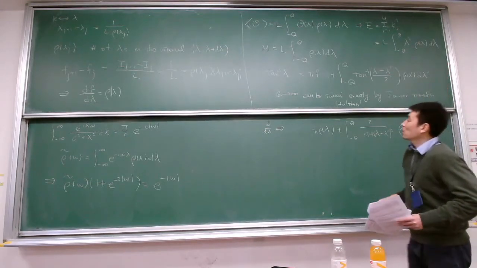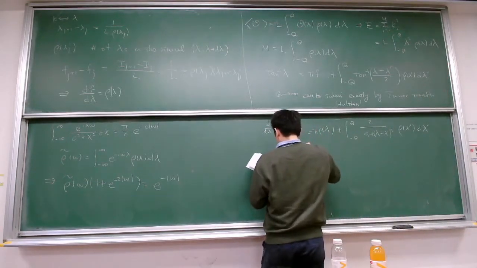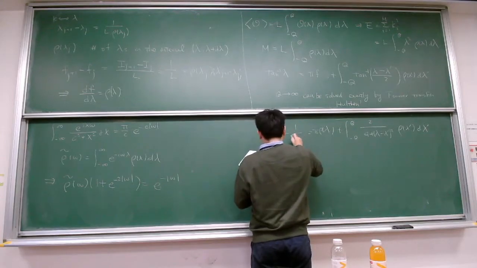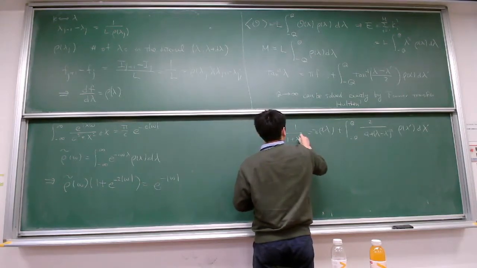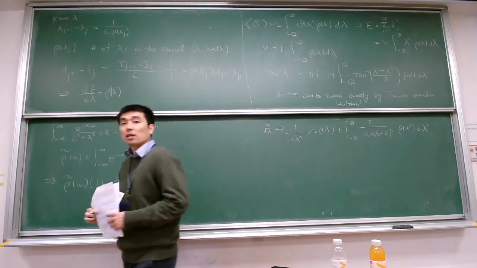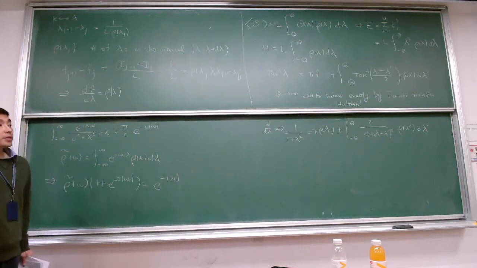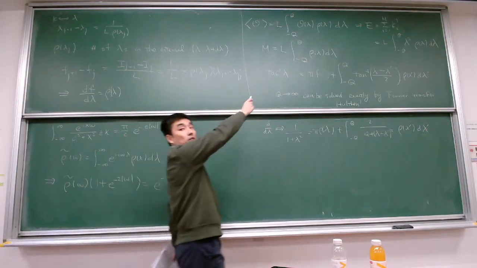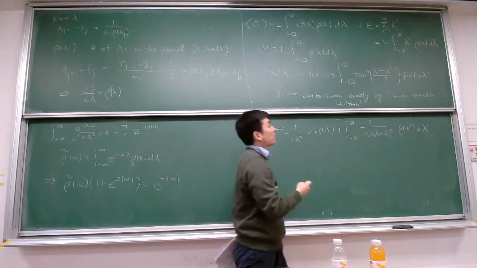And from here you get 1 over 1 plus lambda squared. So this is the derivative of this equation.